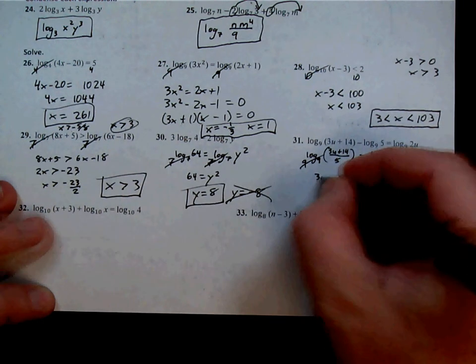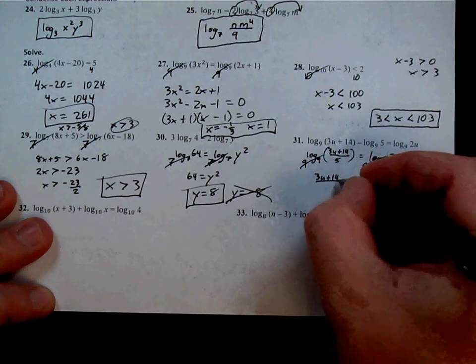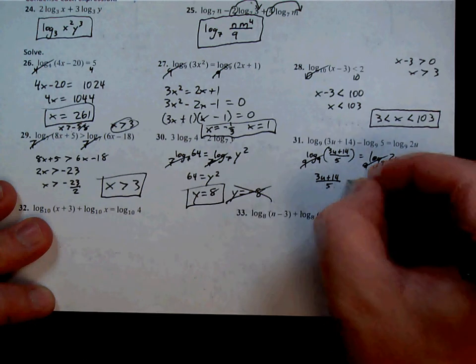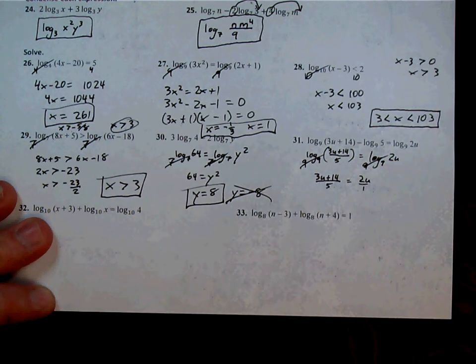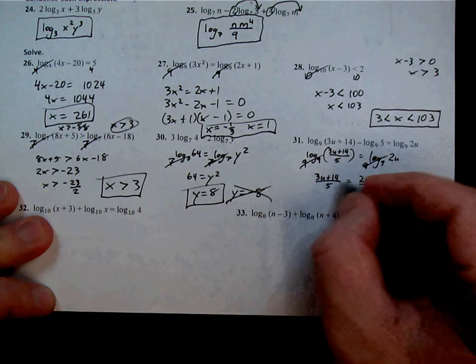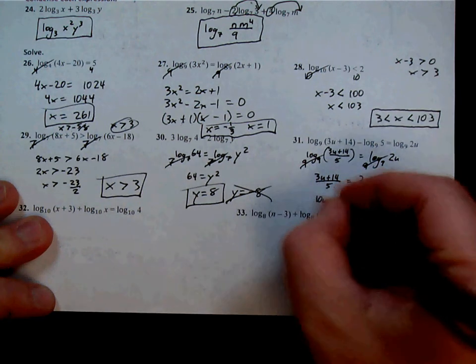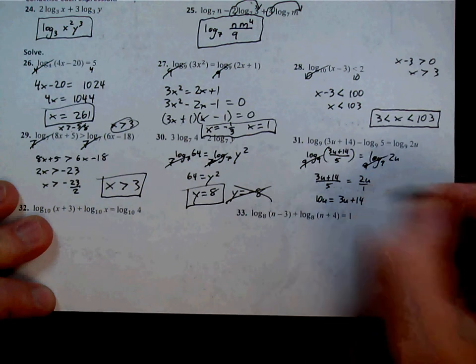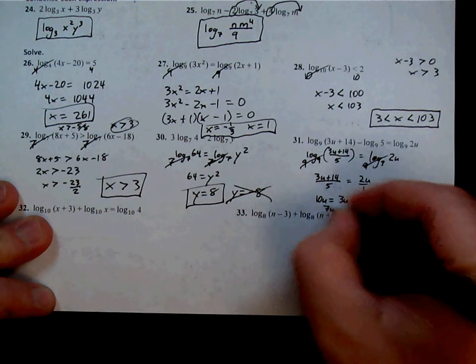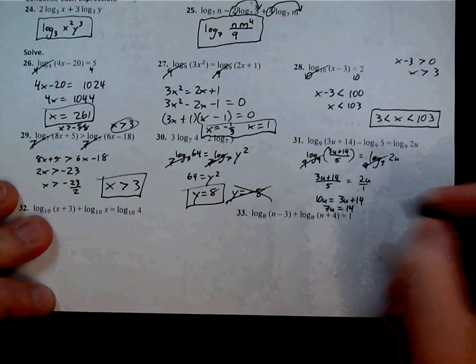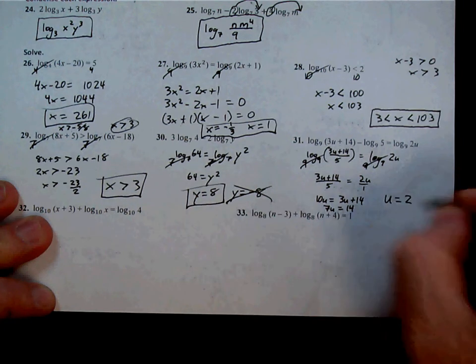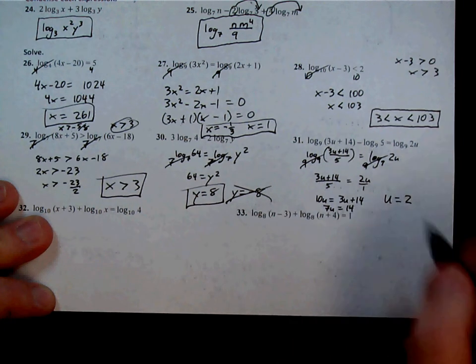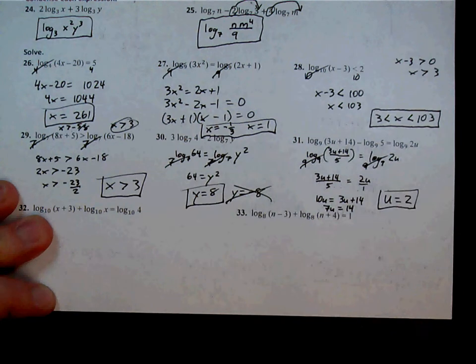So 3u plus 14 over 5 is equal to 2u. You can pretend that's over 1. You could cross multiply if you like. So 5 times 2u is 10u, equals 1 times 3u plus 14, which is 3u plus 14. Subtract the 3u, so I'm left with 7u equals 14. Divide by 7, I get that u is 2. Check, it's going to work in each of my logs, so it's not extraneous. There we go.